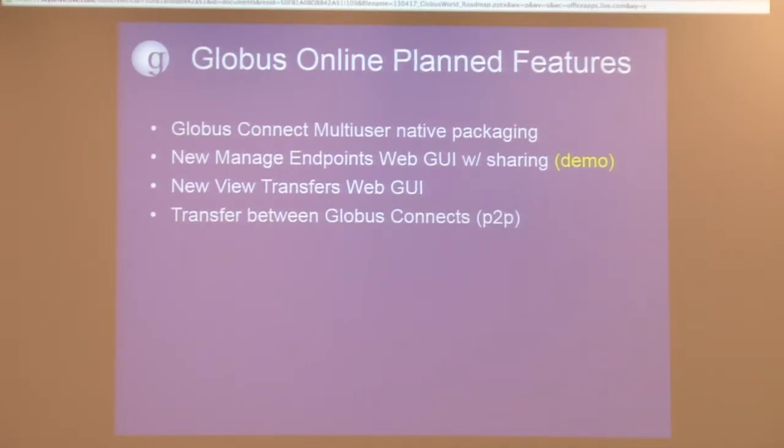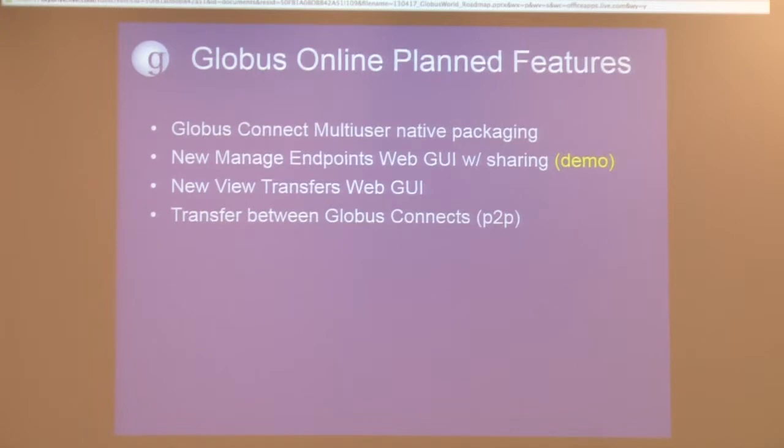So we're putting in place machinery that will allow you to do so-called peer-to-peer transfers. I don't believe that you will see anything different, except it will work. But under the covers, we're putting in place some different protocols that can deal with the various firewall traversal issues that can arise in that context.